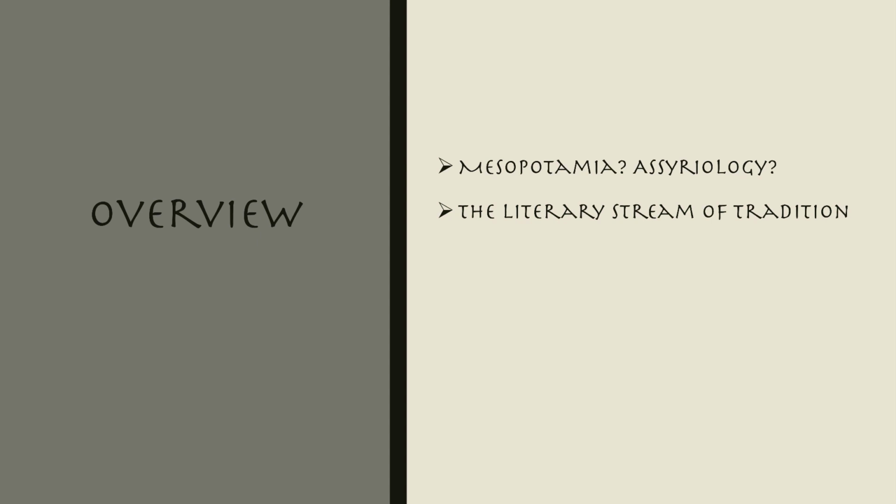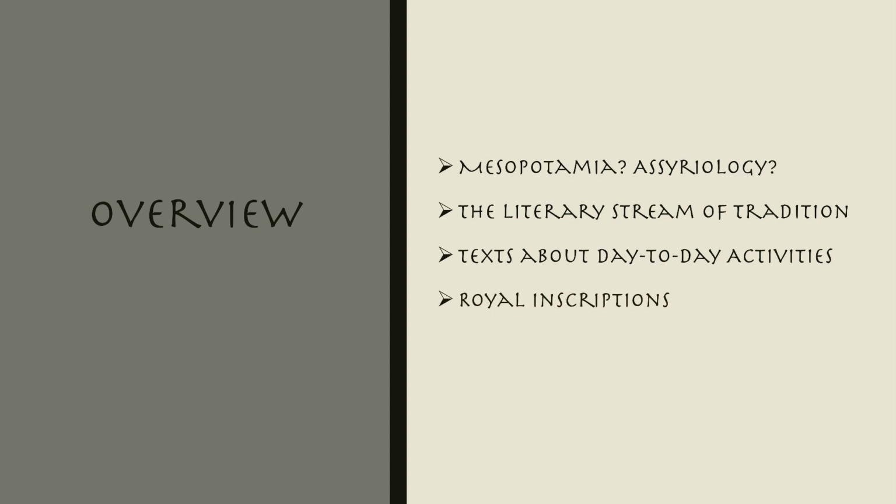We're going to look at the literary stream of tradition, texts about day-to-day activities, and finally, royal inscriptions. Essentially, today we're going to talk about what Mesopotamia is, what Assyriology is, and the basics of cuneiform culture, what cuneiform texts existed in Mesopotamia, and how they break down by general category. I promise it will be exciting.